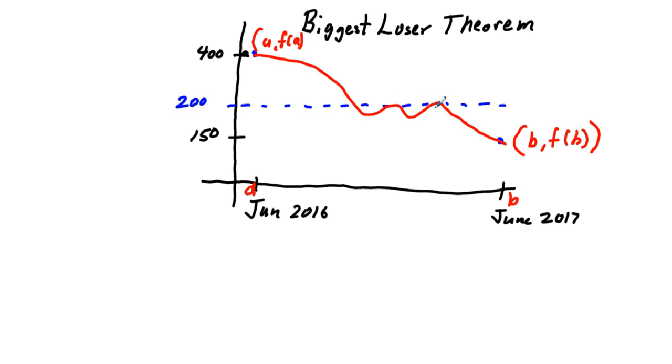And the y value where it happens, I'll just pick this one over here, will be called k, and the input value related to that would be c. So the coordinate pair in question will be c, comma, k. Let's go ahead and look at the problems related to this.